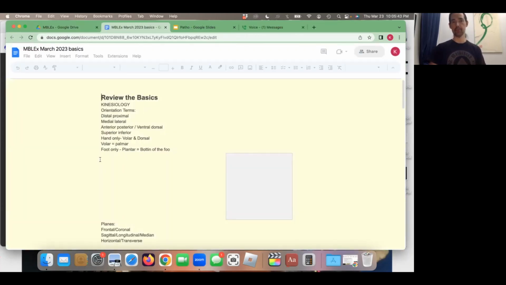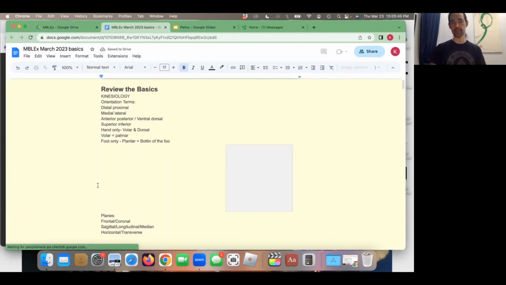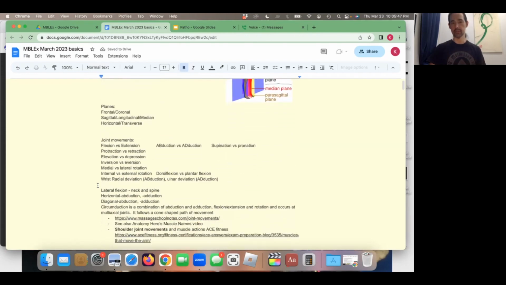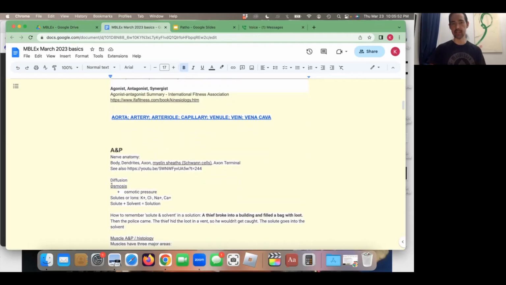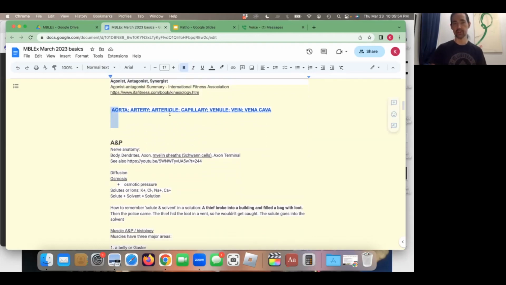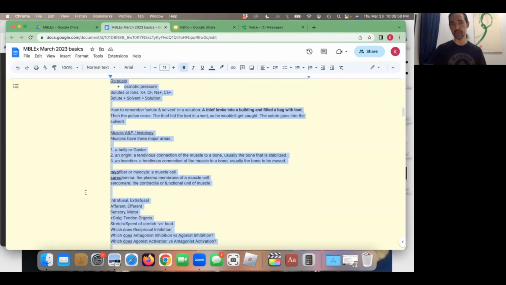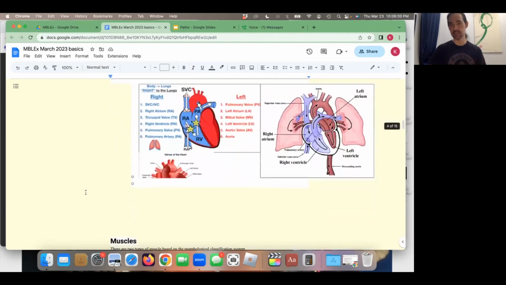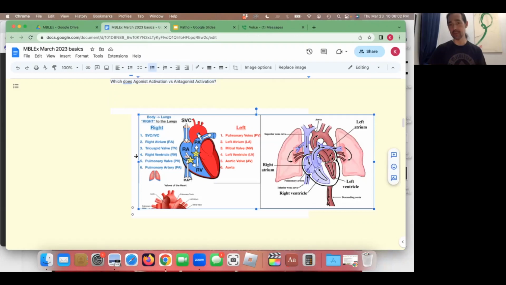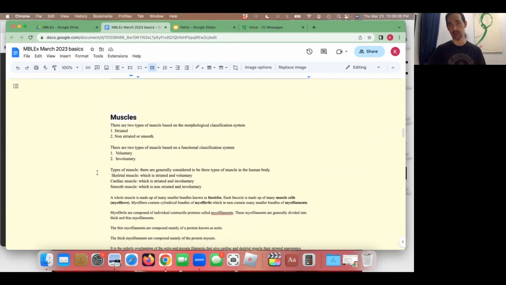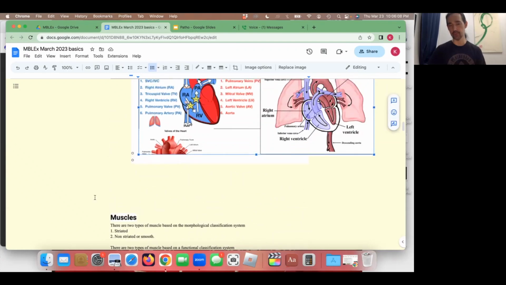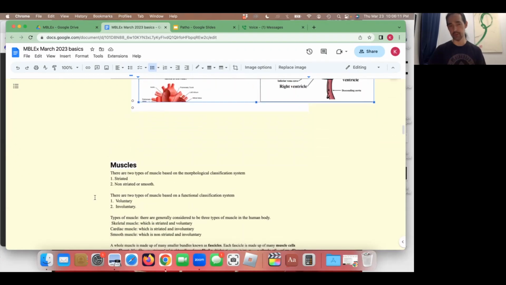Make sure that you're reviewing your orientation terms, your planes, your joint movements, concentric and eccentric, agonist, antagonist, your cardiovascular terms. Go through your A&P knowledge base. And then if you have time, just keep going down the list, looking at the diagrams of the hearts, going through the order of blood flow around the heart and the major vessels around the heart.